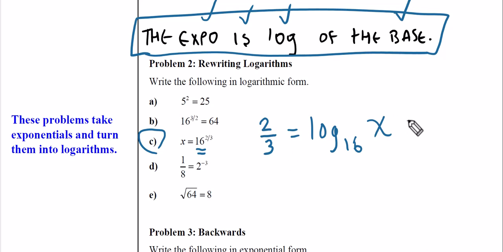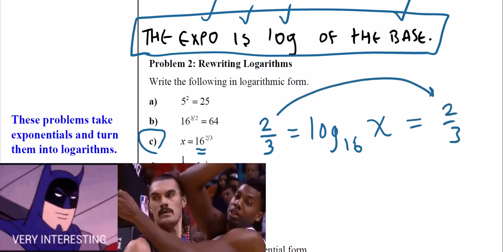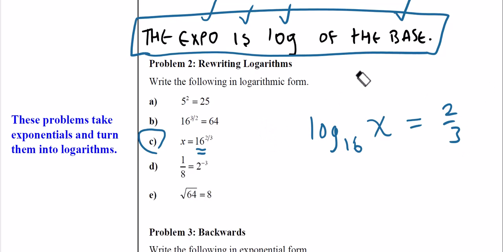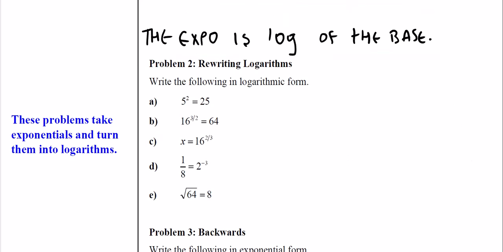But what if they put the 2/3 on the other side instead? That's perfectly fine. It's still the same equation, right? We say that 2 plus 2 is 4. Could we say that 4 is 2 plus 2? I sure hope you can. Otherwise, email me. So be comfortable with us also expressing the logarithm form in this format.